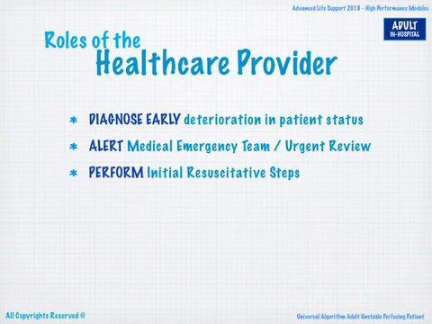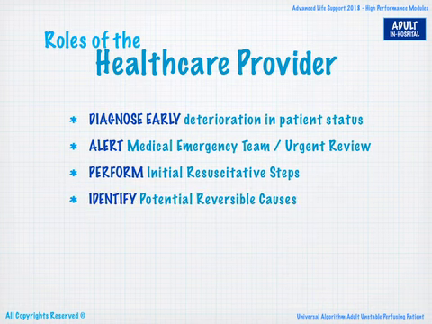So these initial resuscitation steps must be done by everybody to help monitor the patient better, to help support oxygenation, and to help support the circulation. Our role in these early stages is to identify the potential reversible causes leading to this deterioration.